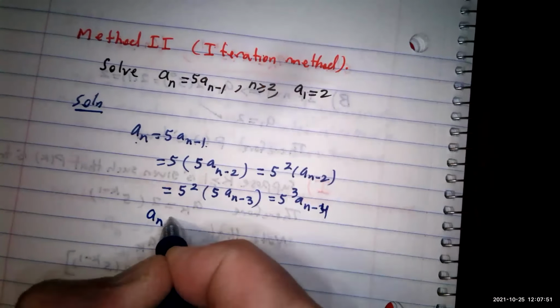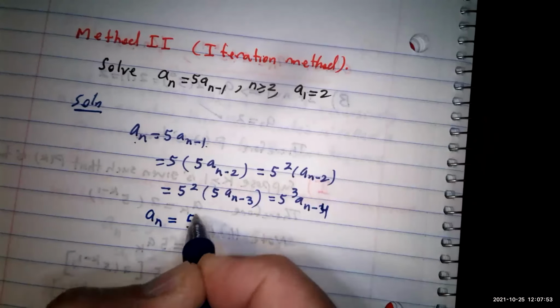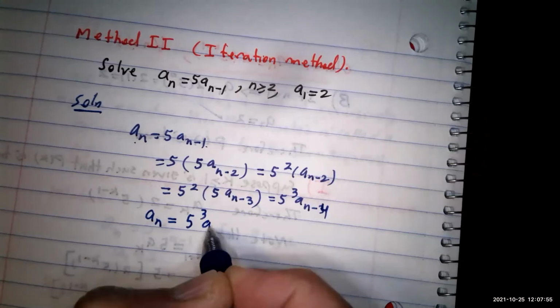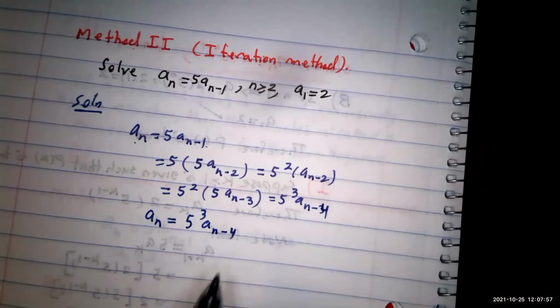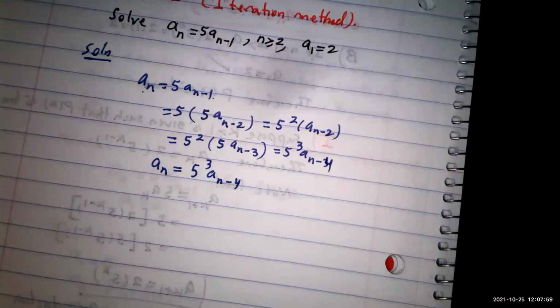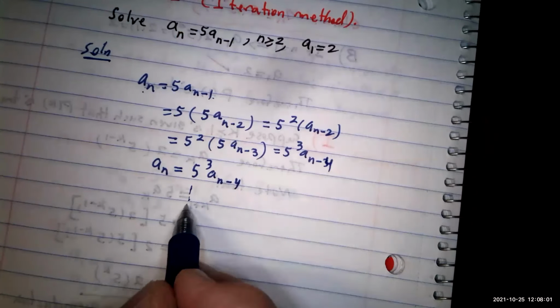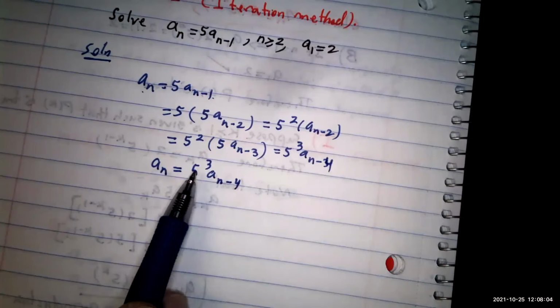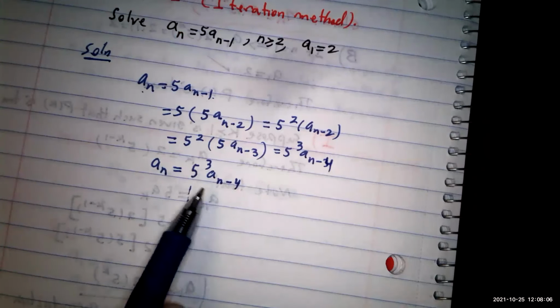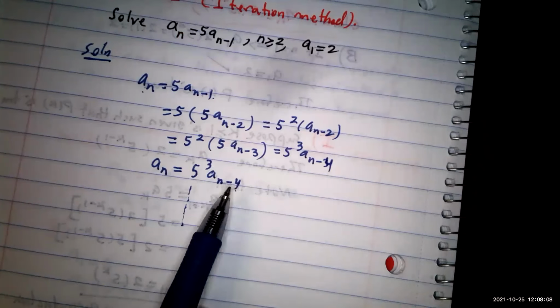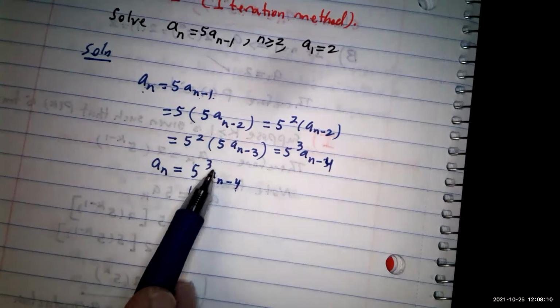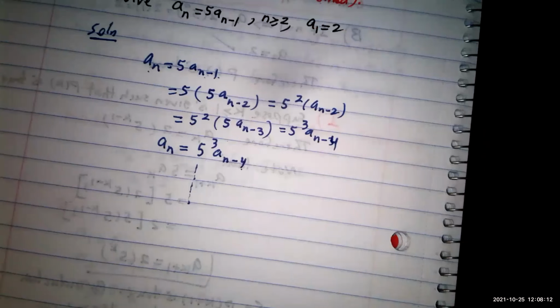So so far you get a_n equal to 5 to the fourth times a_(n-4), and we can keep going. If you keep going, you are going to add to the power of the 5, and you reduce this index. You start with n minus 1, n minus 2, n minus 3, and so on.